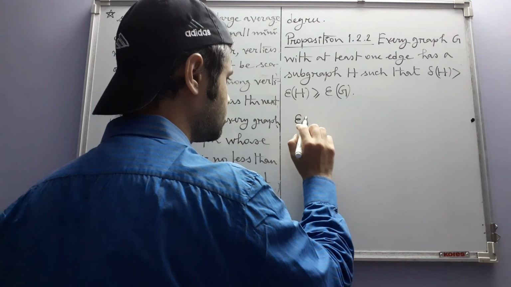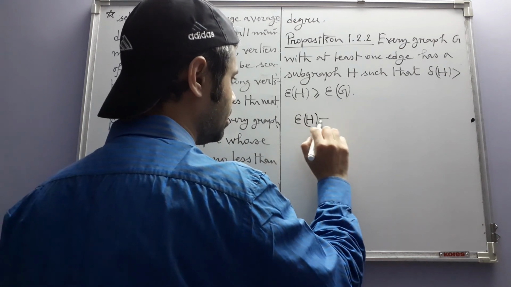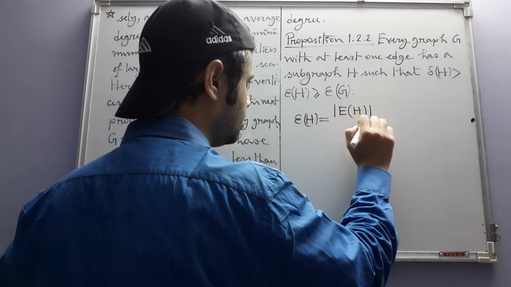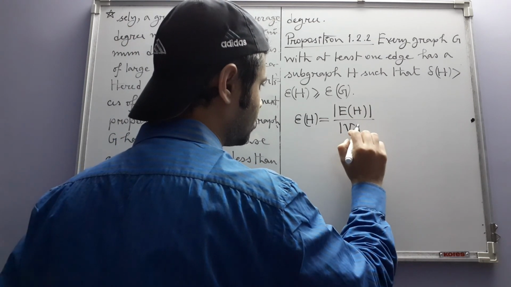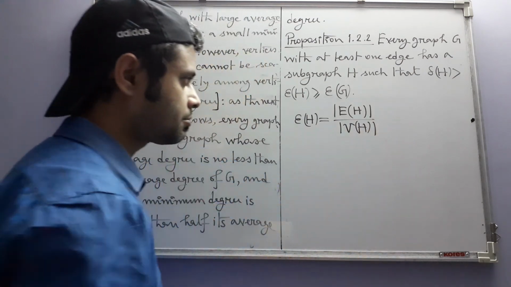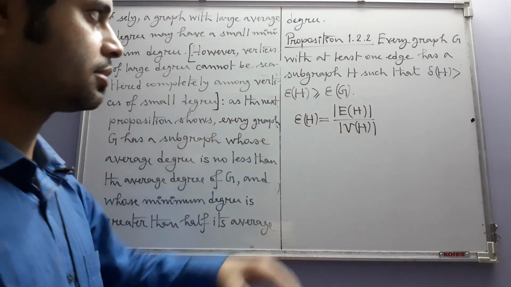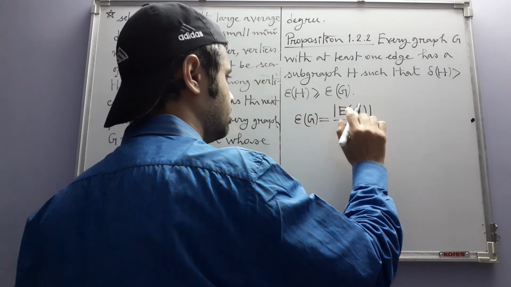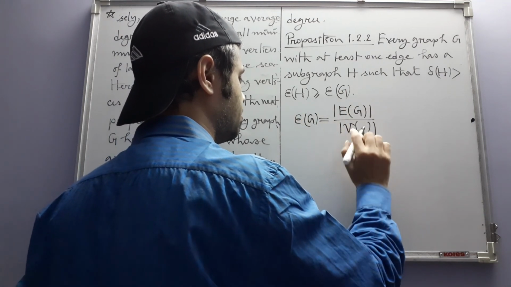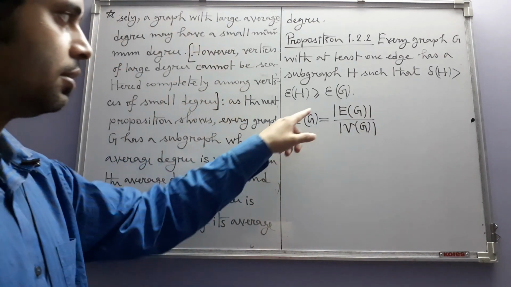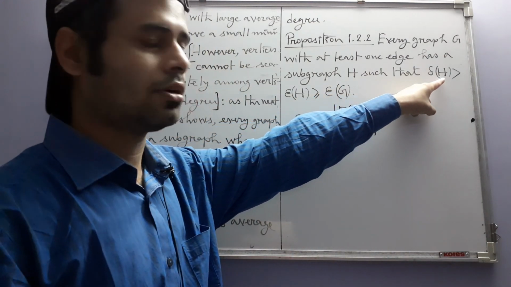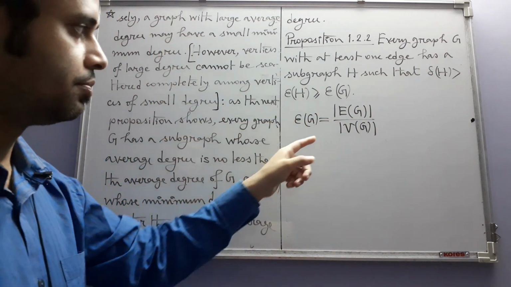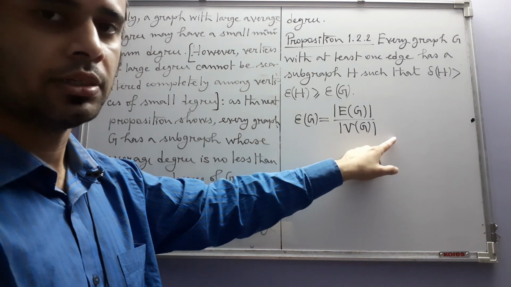Since epsilon of H is the number of edges in H divided by the number of vertices in H, if in the pursuit of H I am removing some vertex from G, the denominator decreases by 1.